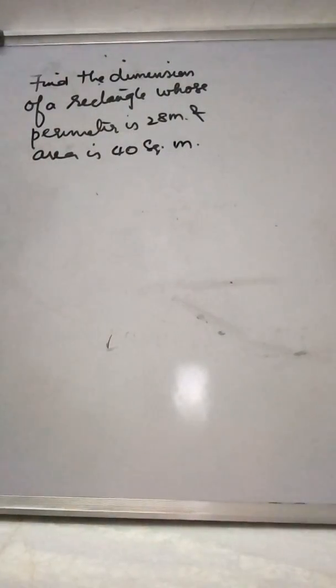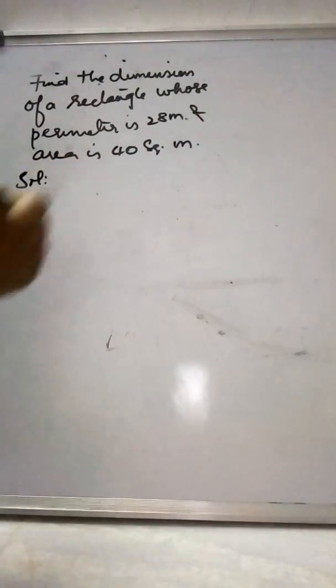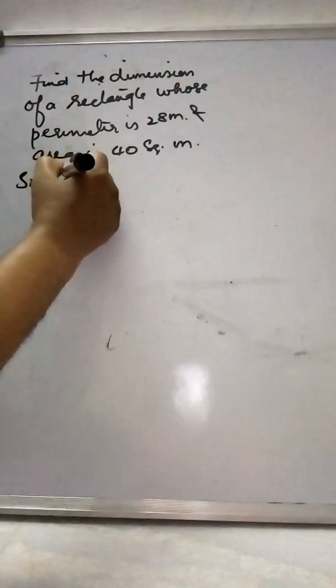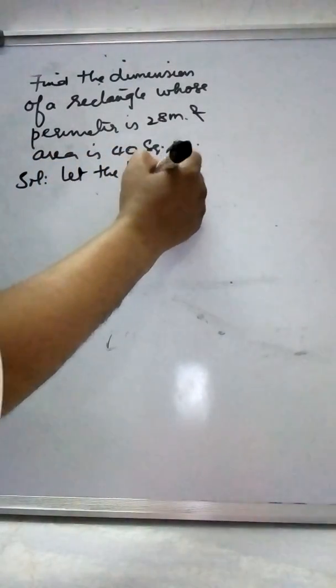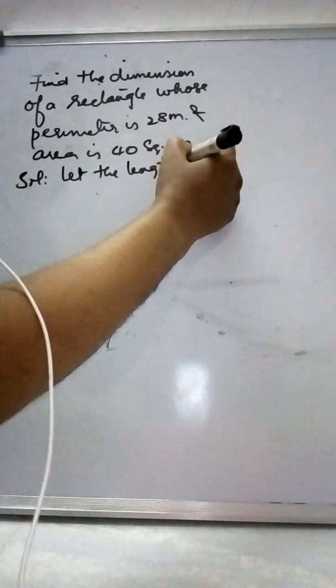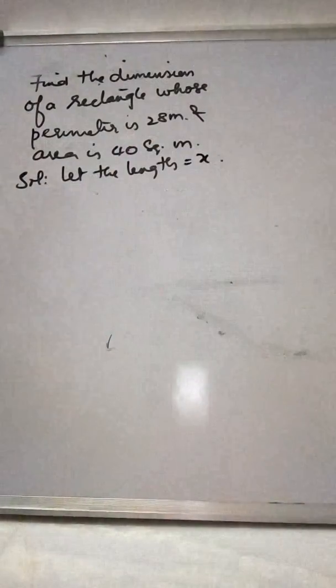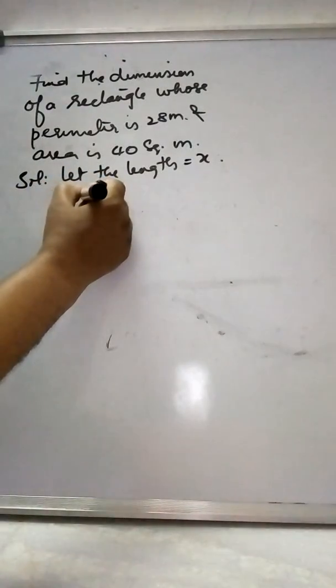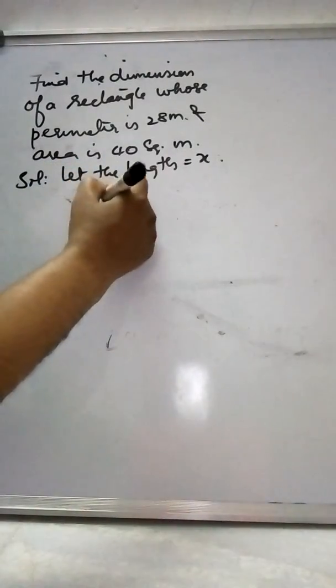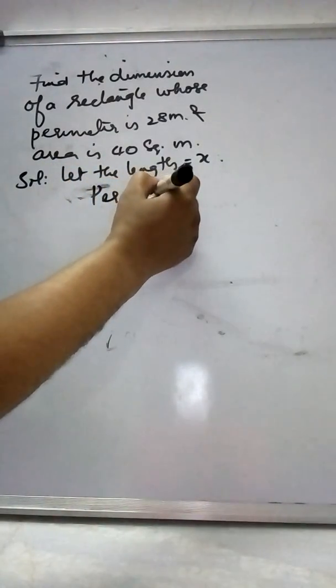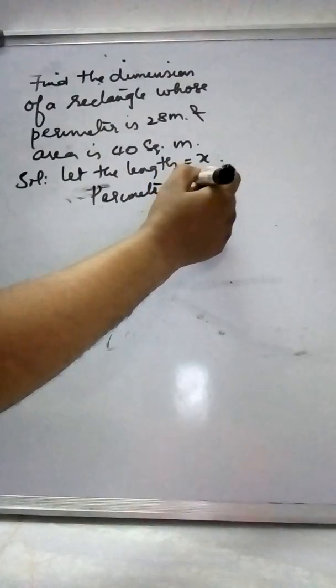So now what I'll do is, I'll first take the dimension as, let the length of rectangle be x. Okay, now perimeter is given, so first I'll write perimeter is given as 28.